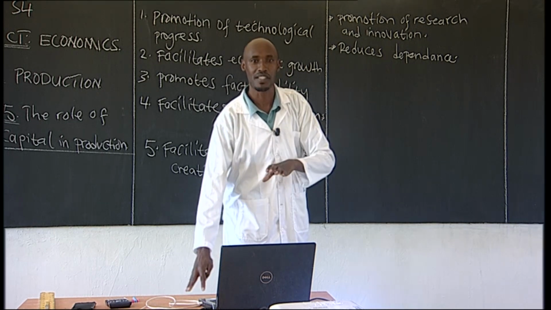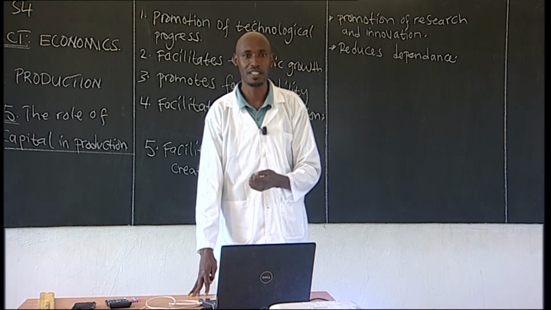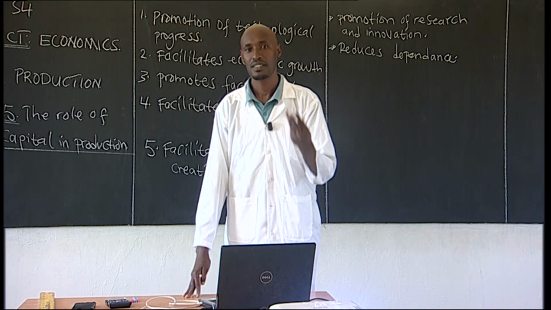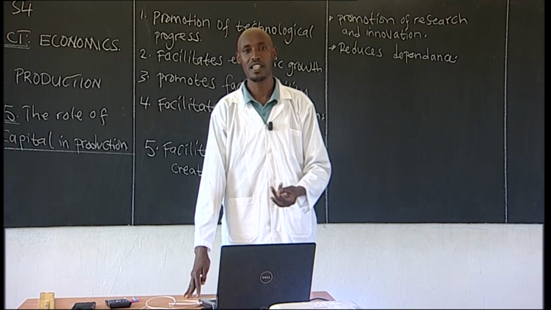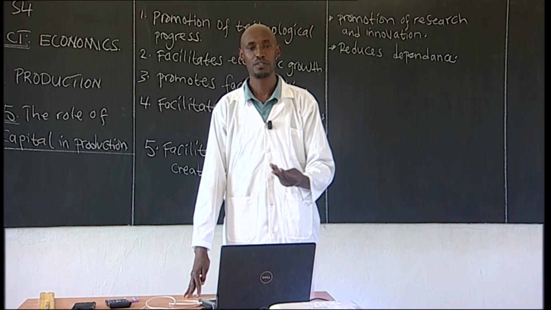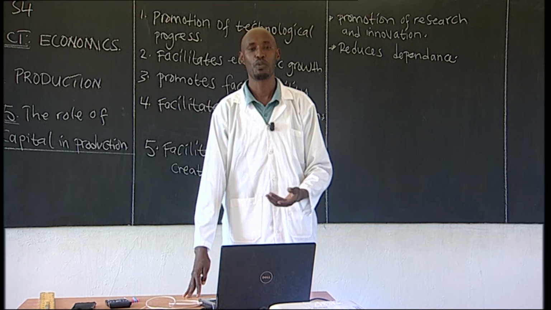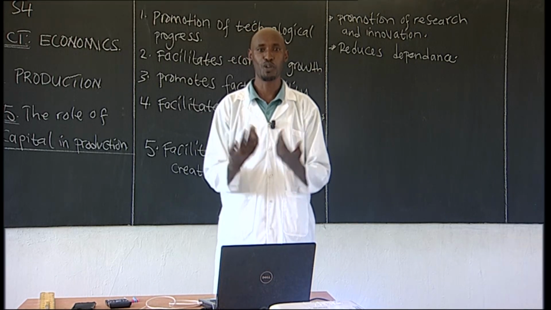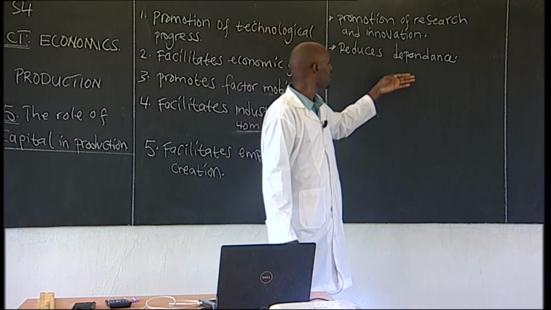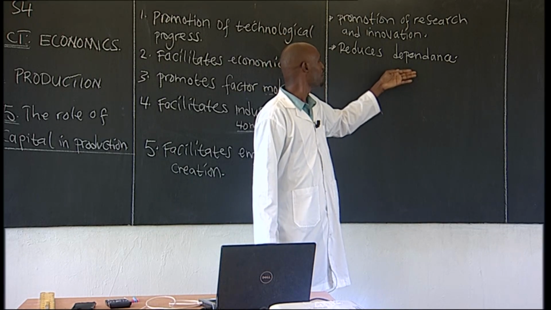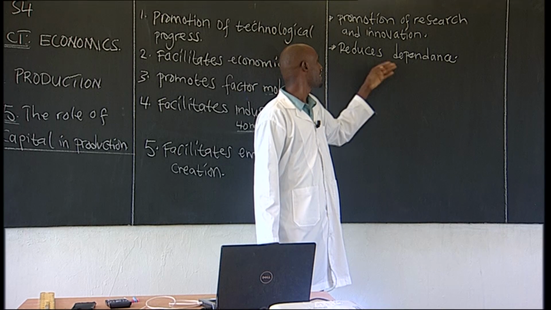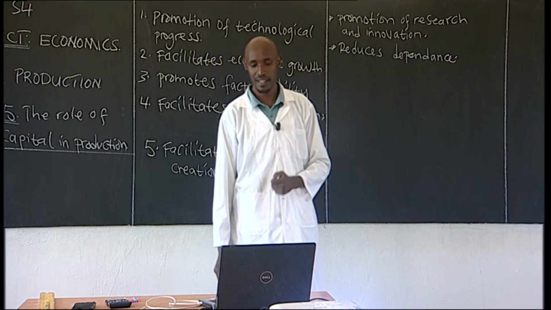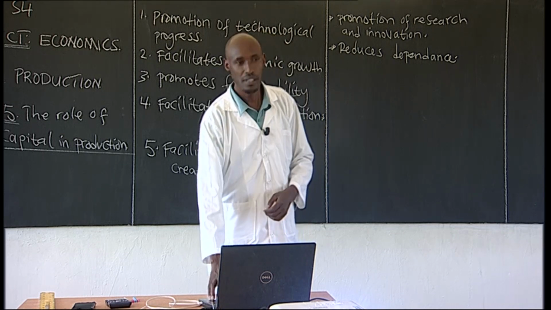All the requirements that we need to invest are available. We are sure fixed capital is there. We have liquid capital. We have human capital. So the availability of all those enables us to invest. Then at the end, we reduce the dependence. Good.